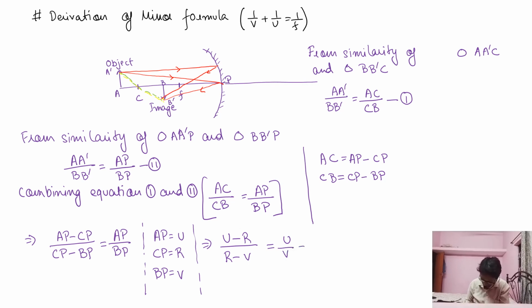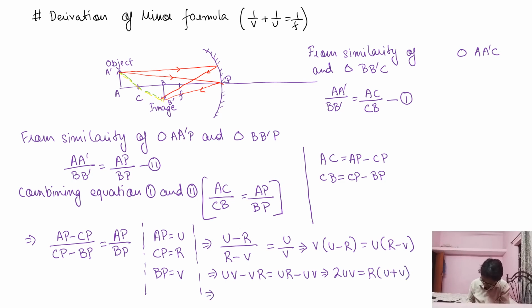Okay, and if I cross multiply them, V into (U minus R) is equal to U into (R minus V). Now let us expand: UV minus VR is equal to UR minus UV, or 2UV is equal to R(U plus V).